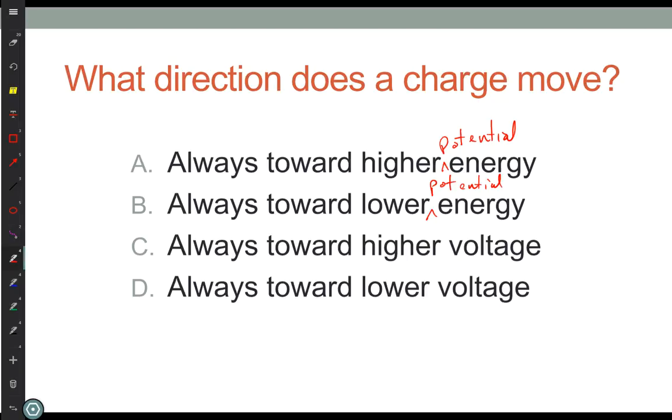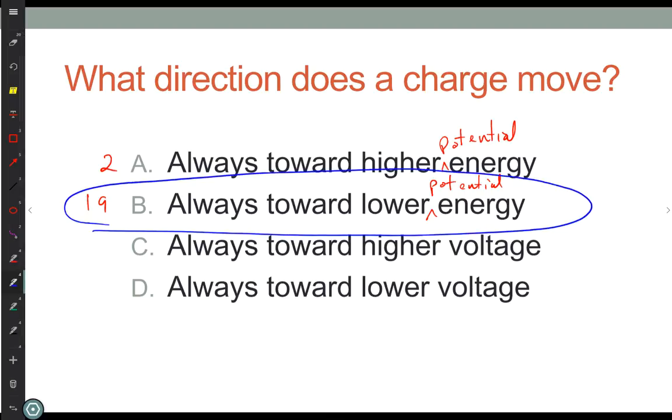Okay. Everyone's answered. We had 19 that said toward lower and 2 that said toward higher. I'm not going to have a student answer this. I just said this. So 19 people got the words I just said. It always goes to lower potential energy.